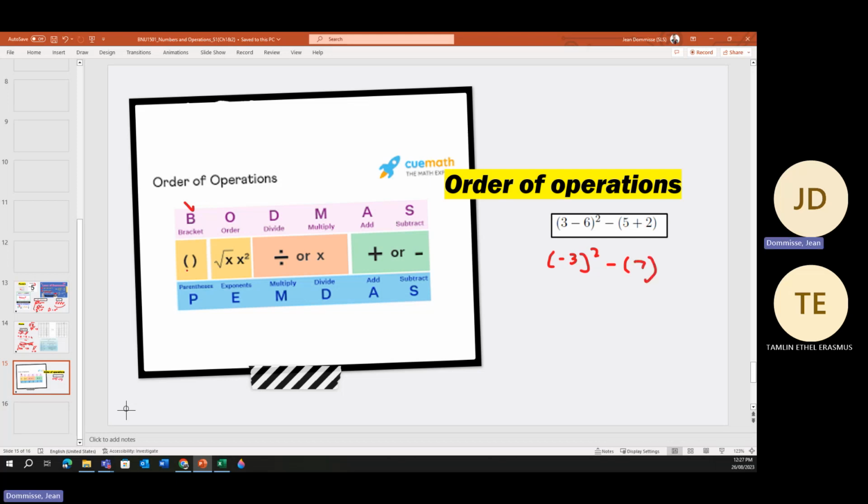So we've done the 2 brackets. Then we would do the order, if there is any; here there is. So minus 3 to the power of 2 is 9. So what is 9 minus 7? There's no division or multiplication, no adding, but there is subtracting. So 9 minus 7 gives us 2.